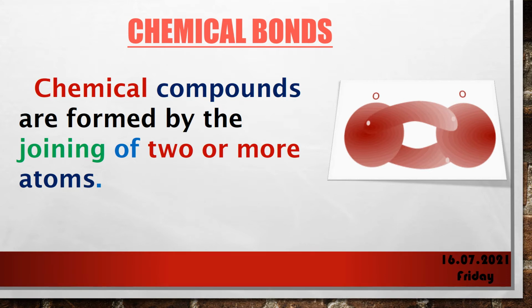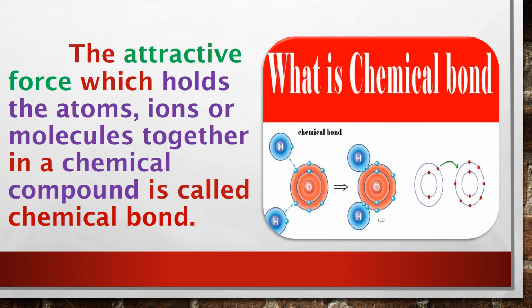Like that, compounds are formed by the joining of two or more atoms. The attractive force which holds the atoms, ions or molecules together in a chemical compound is called a chemical bond. See students, attractive force.